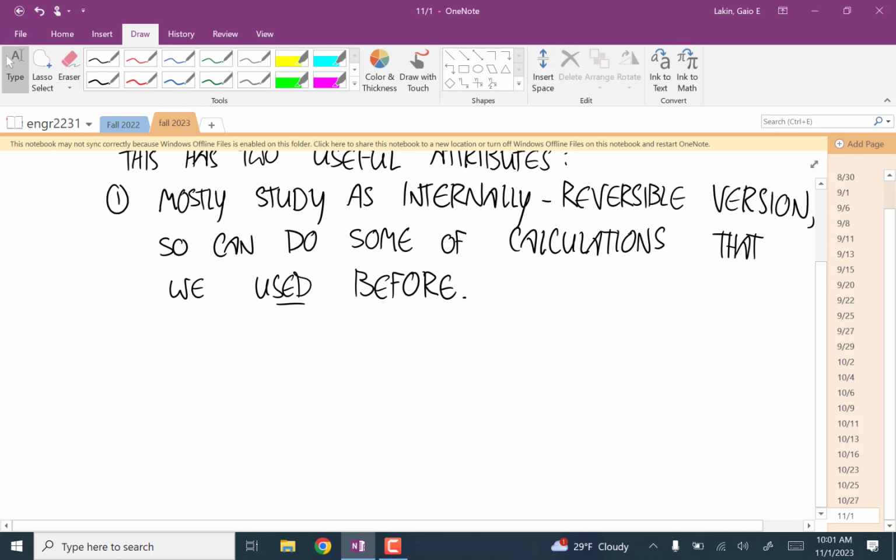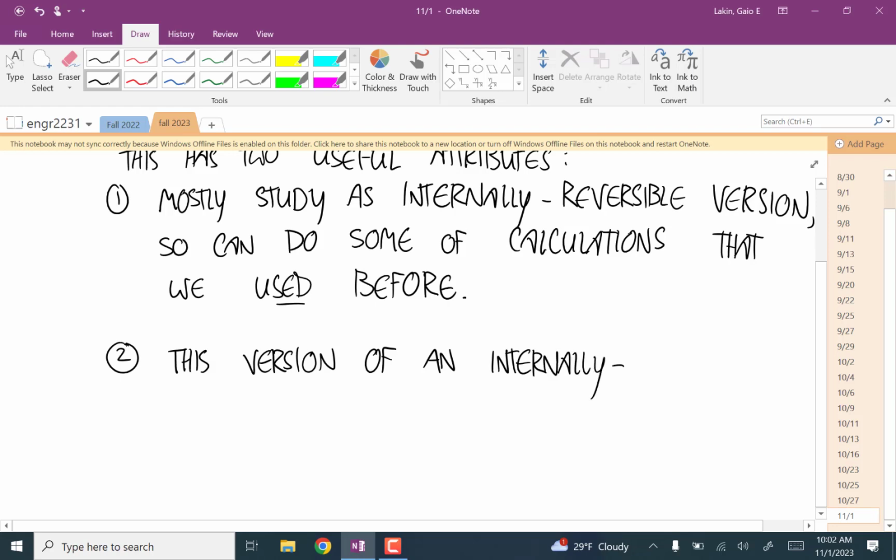But then besides being this way to calculate things for ideal cycles, it also is sort of approximated in actual power plants. So this version of an internally reversible power cycle is actually used.